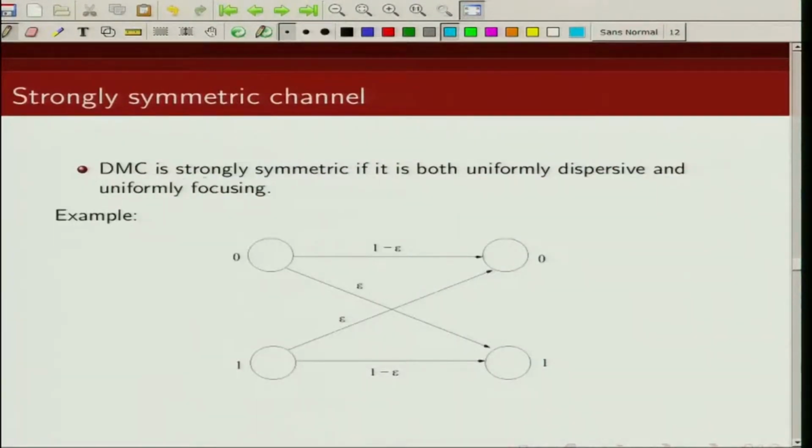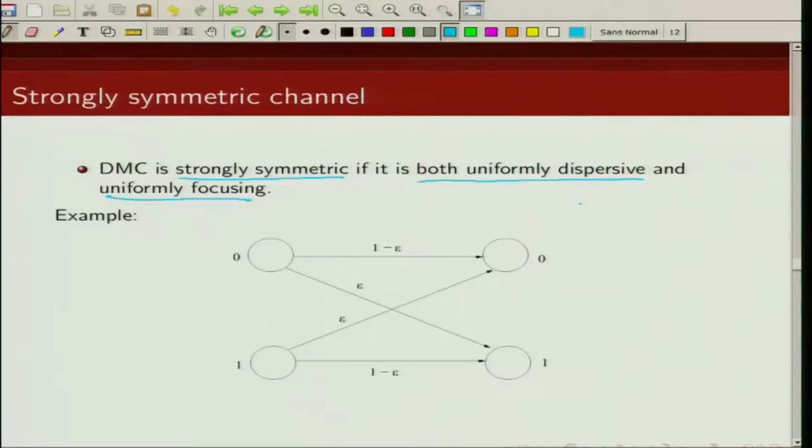So a channel which is both uniformly dispersive and uniformly focusing is known as a strongly symmetric channel. So a discrete memoryless channel which is both uniformly dispersive and uniformly focusing is known as a strongly symmetric channel. I have given an example. Let's check.